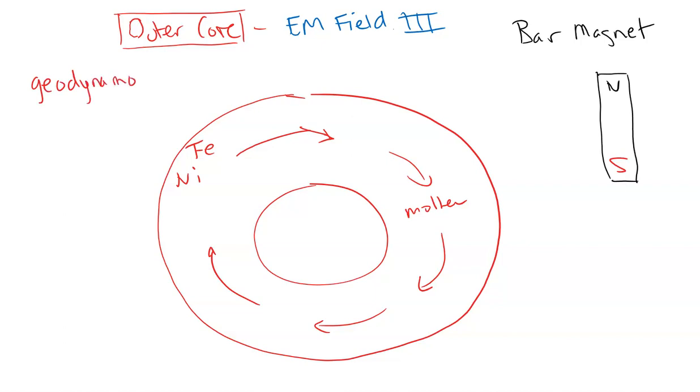Now, a dynamo is something where you would have an induced electrical current, and you'd make the magnetism go around it, like a coil around it, and basically, it's the same thing that happens in the outer core.